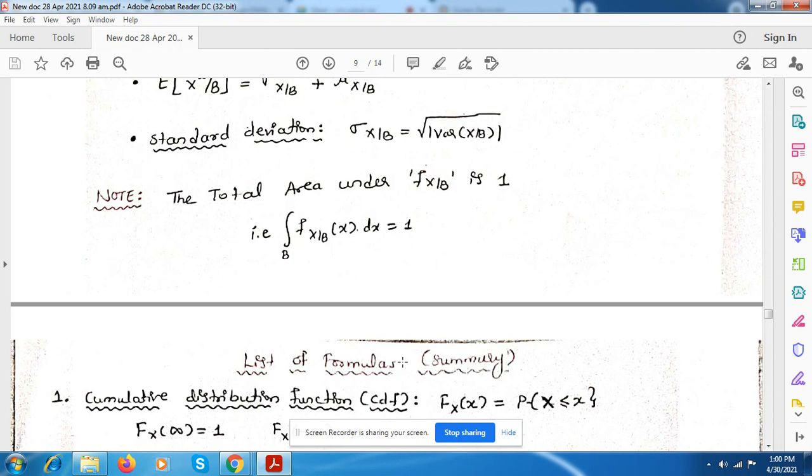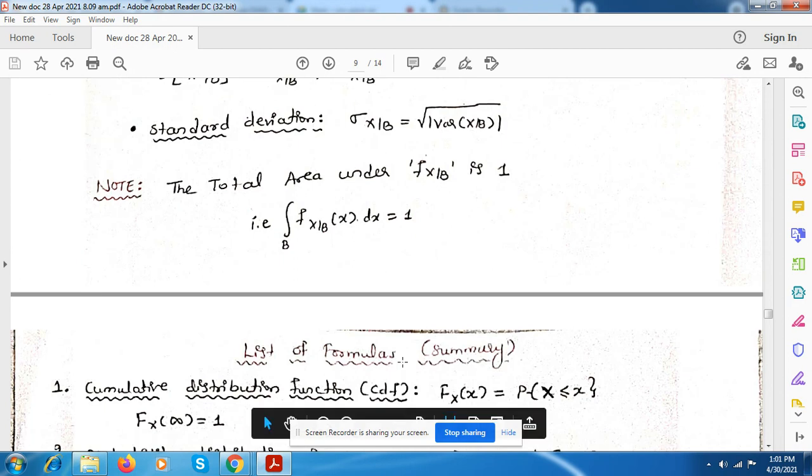In both continuous and discrete we have special distributions, like binomial distribution, exponential distribution, uniform distribution, Laplace distribution. These distributions we have to study, and for these we have to see the formulas and mean value, variance value, standard deviation value, and we have to also calculate the characteristic function for these.